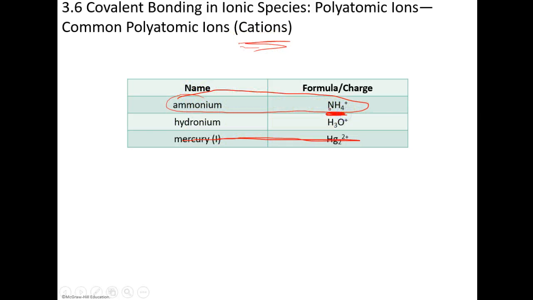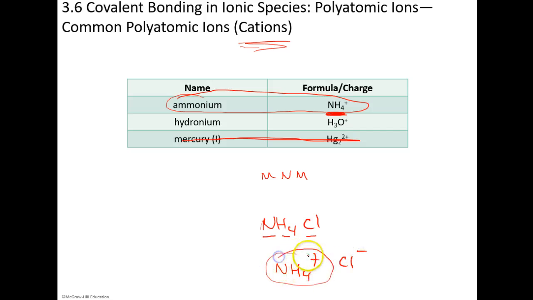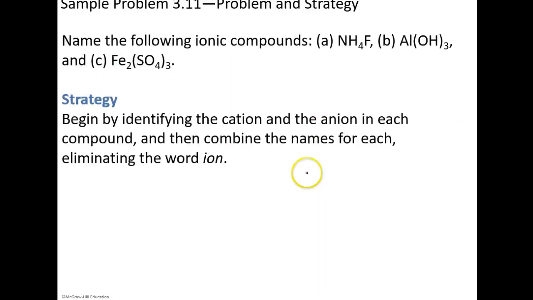This is the only one that you have to be careful of. Okay, remember we talked about ionic bonds being between metals and nonmetals? Well, what if you have an ammonium with a chloride? Notice these are all nonmetals. This is still ionic bonding. It's actually both. I have covalent between these atoms, and then I have ionic between the ions, because this is composed of the ammonium ion and the chloride ion. So again, something you have to memorize. If you see NH4, you know it's an ammonium.